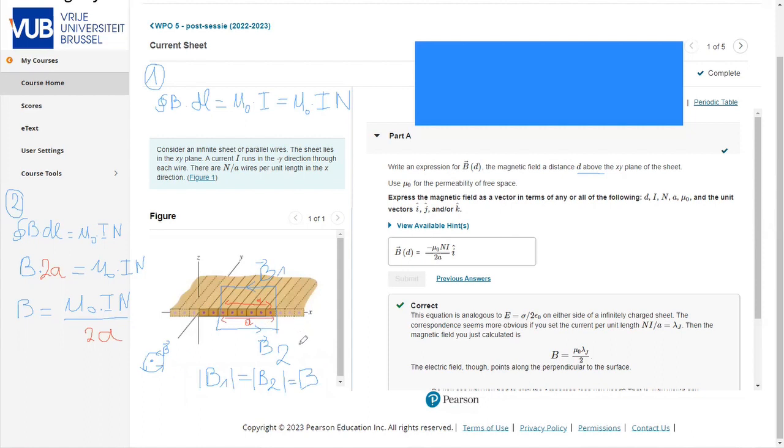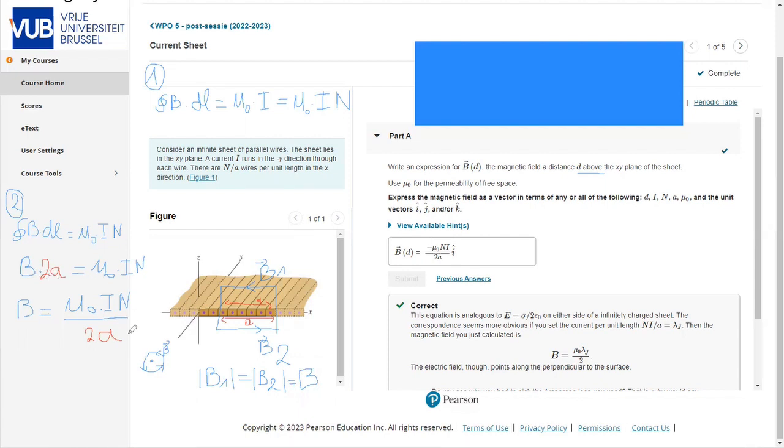Before this you have to know that the magnitudes of B1 and B2 are the same, because that's outside of the two planes. In the end you have this one B. Then I did B times 2A, which gives me this one.